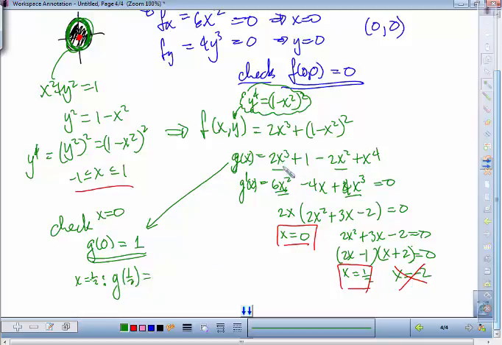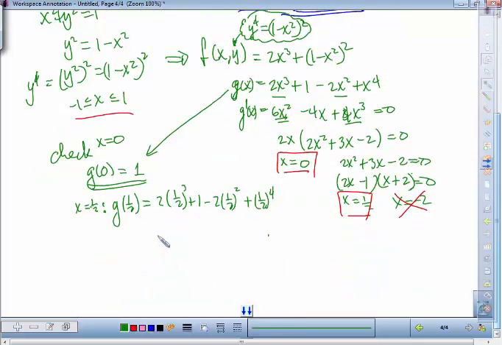That one's a little bit more difficult. So 2 times 1/2 to the third plus 1 minus 2 times 1/2 squared, plus 1/2 to the fourth. So 8 and 1 cancels, right? So it's 1/4 plus 1, minus 1/2, and 1/16.